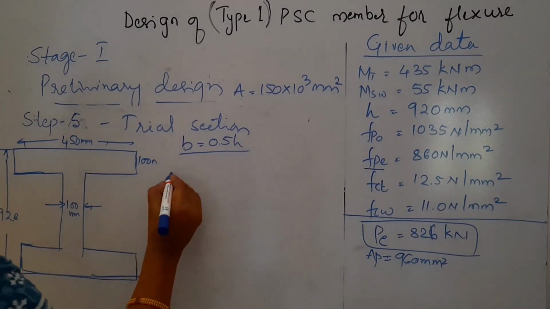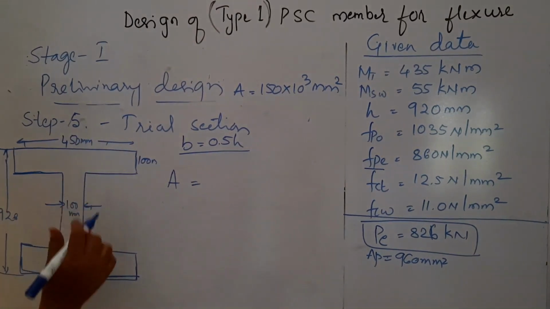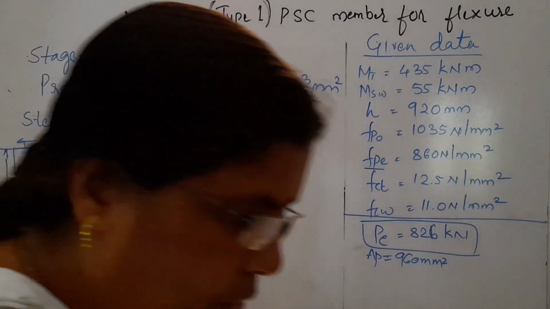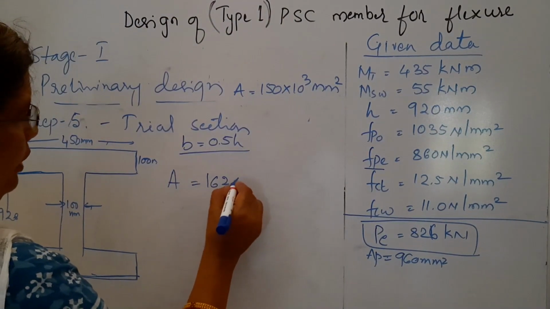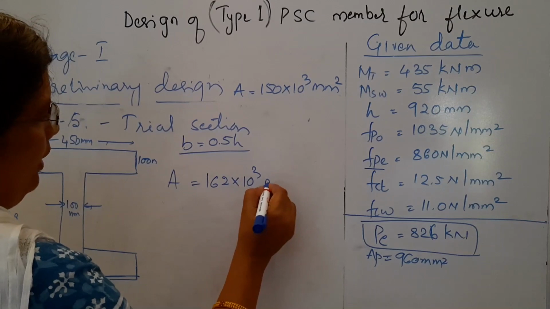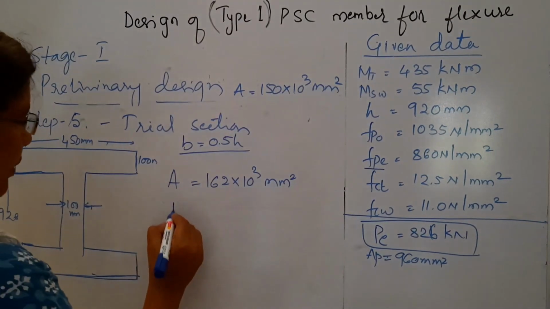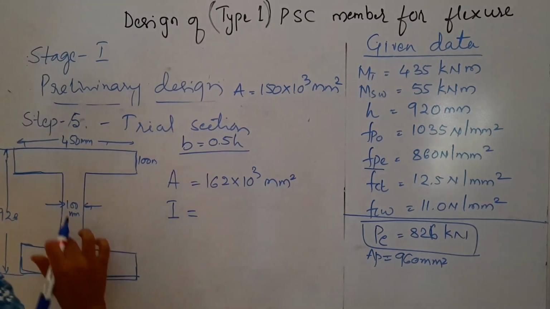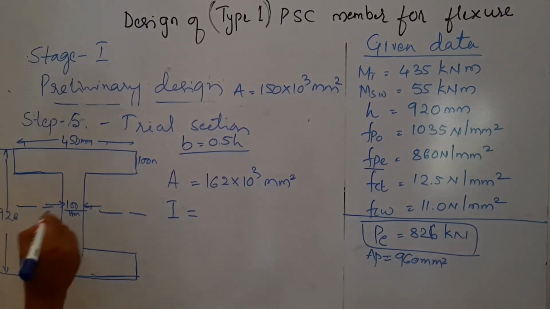Then if you calculate the area here, 2 flange sections and 1 web section, this value is equal to 162 into 10 raised to 3 square millimeter. We have provided slightly more than this one. The moment of inertia about the centroidal axis, the centroidal axis will be at the center as it is a symmetrical I section.